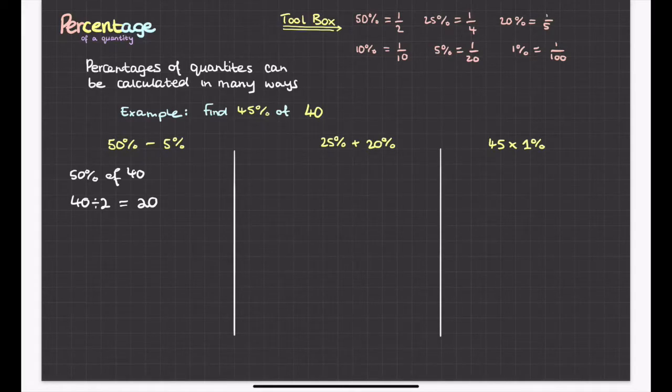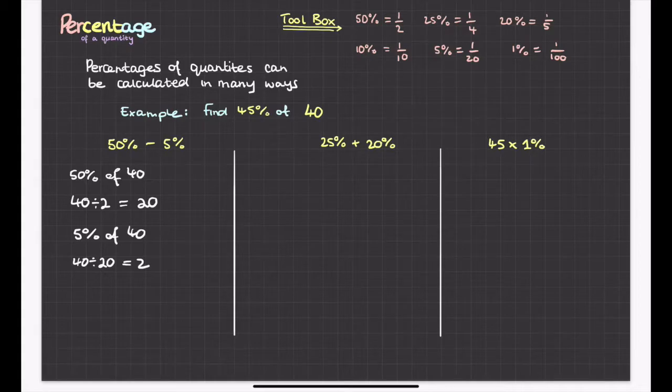What about 5%? 5% of 40, well 5% is the same as having 1/20th. So if I divide 40 by 20, what do I get? So 40 divided by 20, that gives me 2.